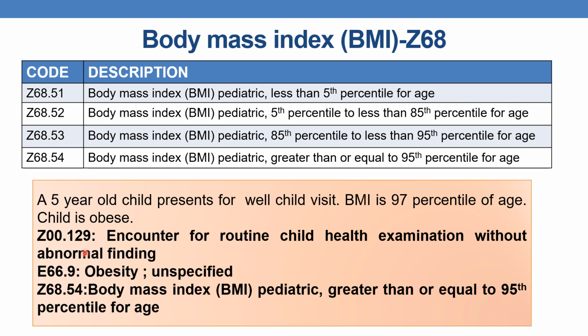So first is Z00.129 to indicate well child visit without abnormal finding, then followed by E66.9 to indicate obesity. Then Z68.54 to indicate body mass index pediatric greater than or equal to 95th percentile for age.